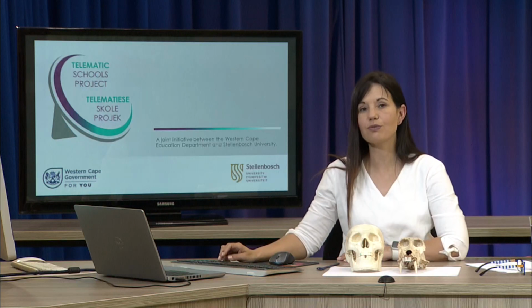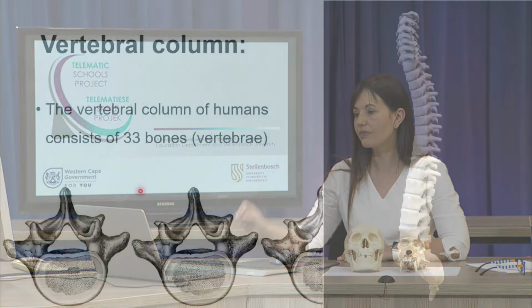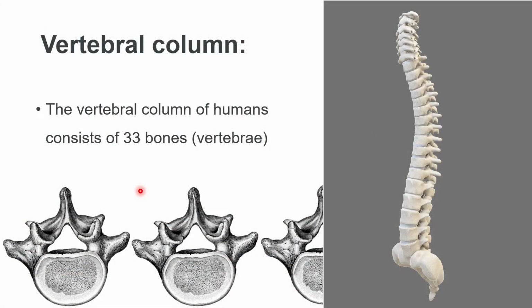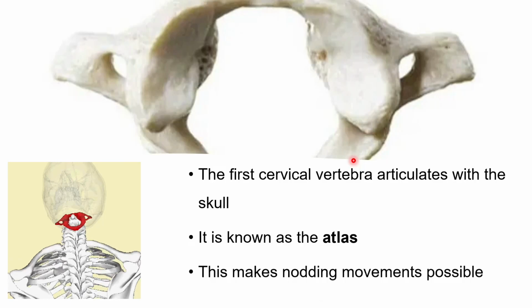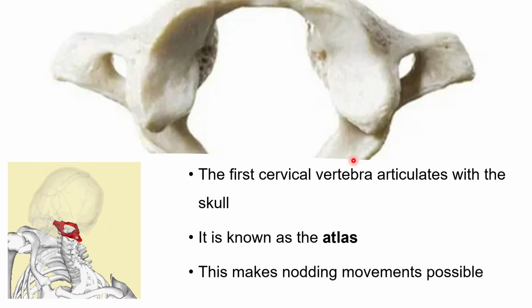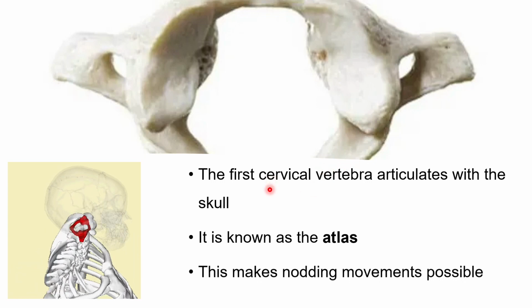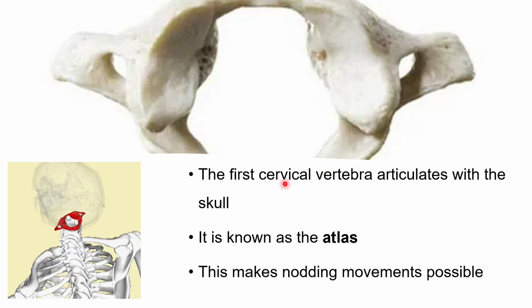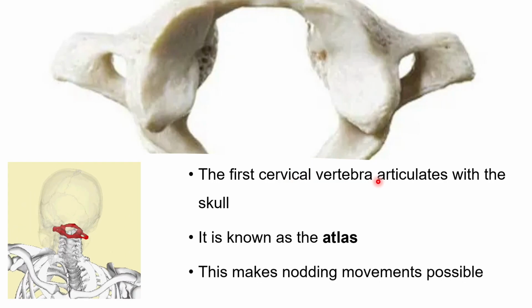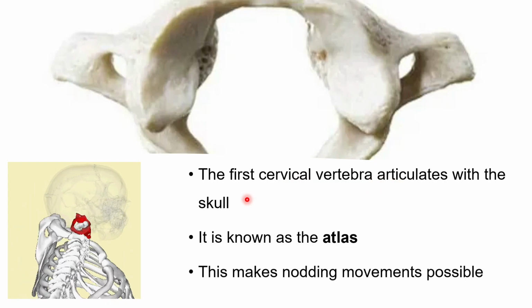Right, let's move to the vertebra. If we look at the vertebral column, we see that the vertebral column of humans consists of 31 bones. If you count all of them, there will be 31. The two important ones: the first one is the first cervical vertebra, and that articulates with the skull.